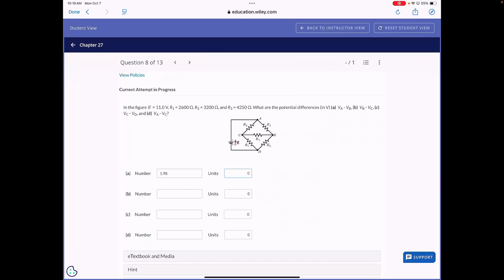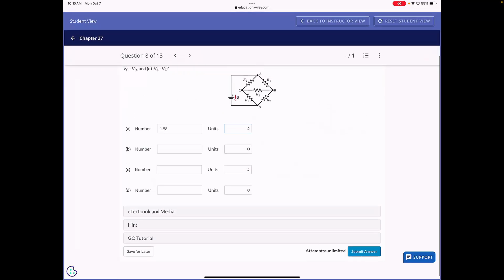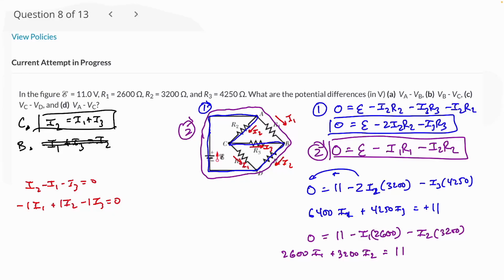Oh, wait. I found the currents. What do they want to know? VA minus VB. The voltage between this point and this point is going to be equal to what? I1 times R1.